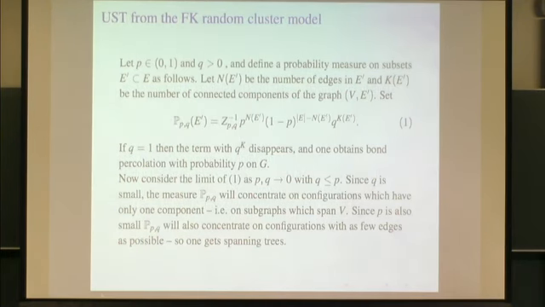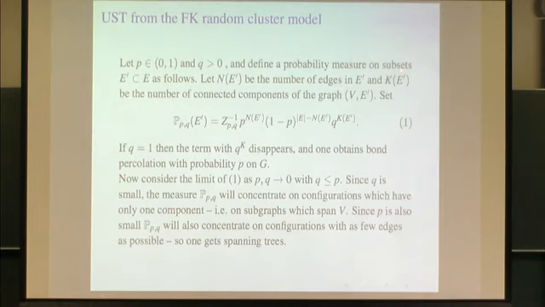Then there's also a connection with the FK random cluster model, and I'm not going to use this in the talk, but it's useful to see that the uniform spanning tree is an extreme point of this model. So we take two parameters, probability p between 0 and 1, and a number q bigger than 0, and we define a collection of probability measures on edge subsets as follows.